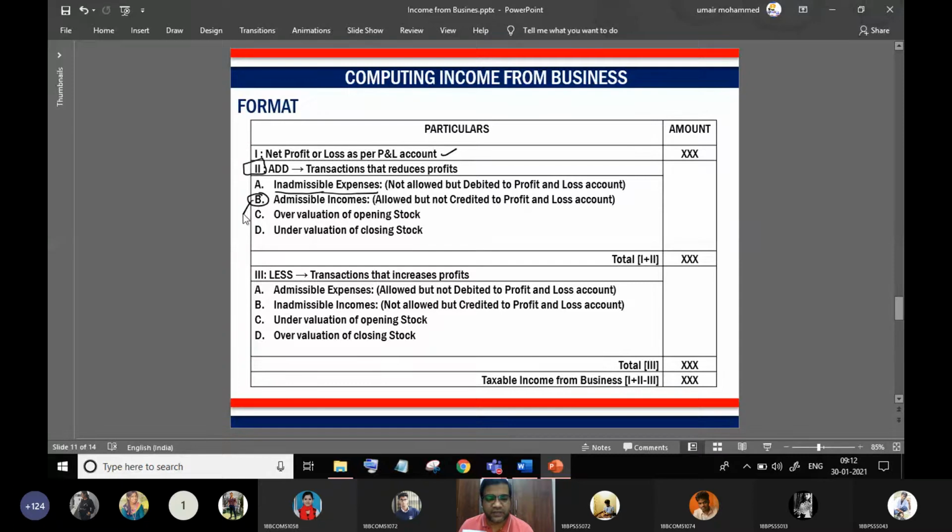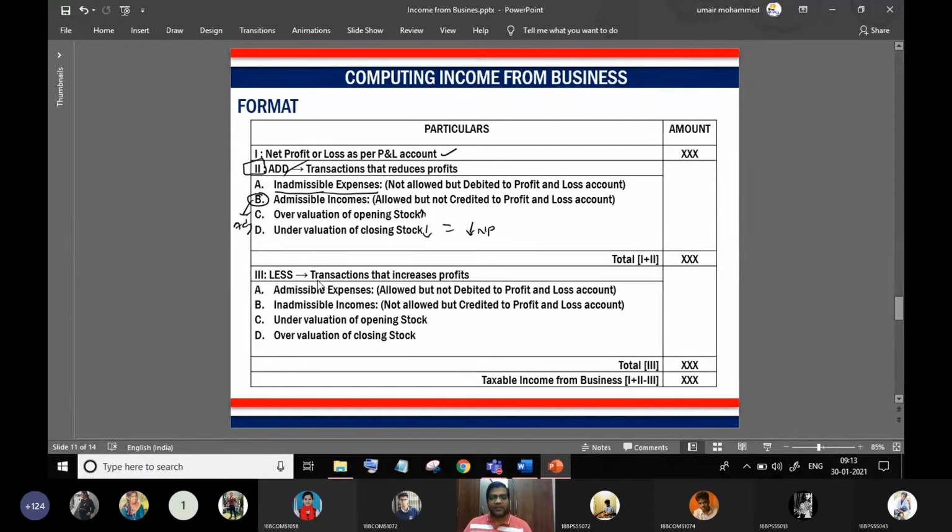Look in the adjustments. Okay, so this you should be clear. And as we discussed in the previous class, both overvaluation of opening stock and undervaluation of closing stock decrease net profit, and therefore we are adding them back.